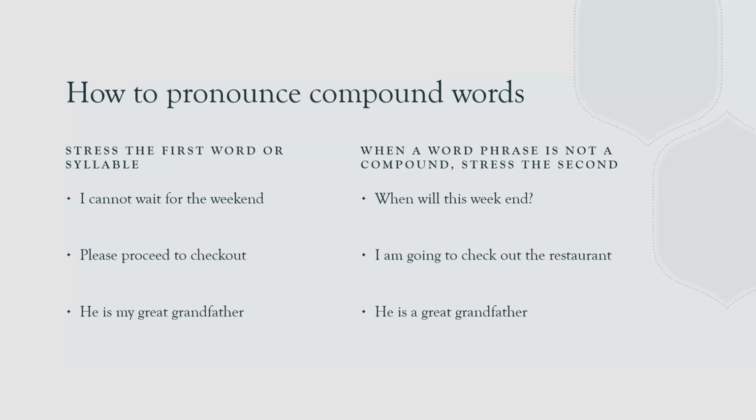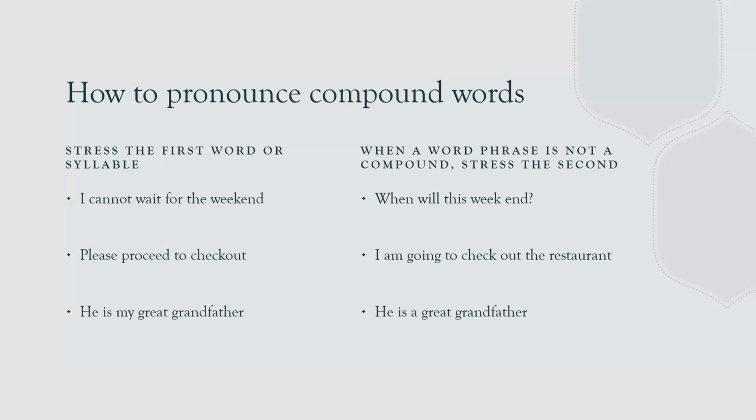Now, when you're listening to people speaking, and you know that people pronounce or stress the first word or syllable of a compound word, you can also gain more information by listening to which words they're stressing. When a word phrase is not intended as a compound, people tend to stress the second word, right?